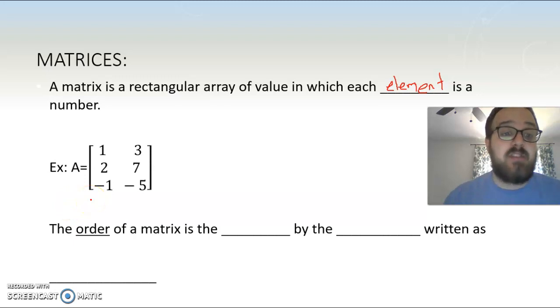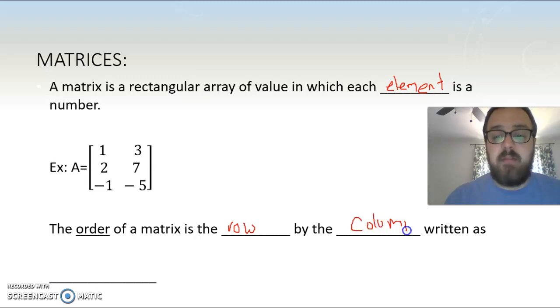Now, when we talk about matrices, we want to pay attention to the order of the matrix, because the order of a matrix is going to change a lot about what we do with it, okay? The order of a matrix we write as the row by the column.